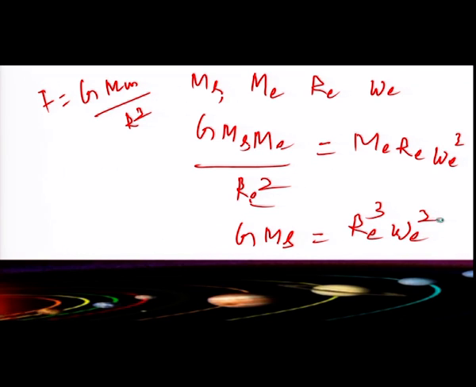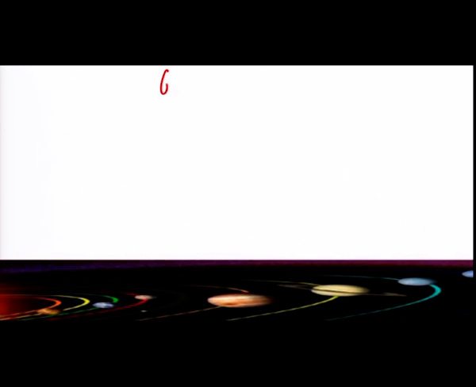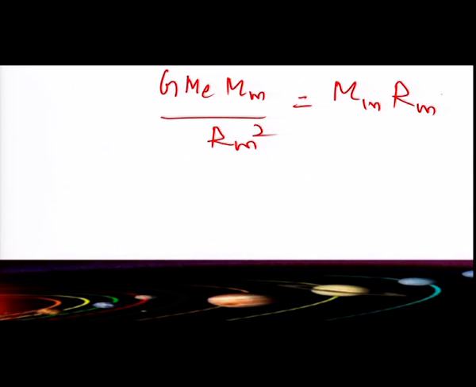Similarly, we can write for the moon, G Me divided by Rm squared is equal to Rm omega m squared, where m denotes the mass of the moon, Rm denotes the radius of the moon's orbit around the earth and omega m is the angular velocity of the moon.